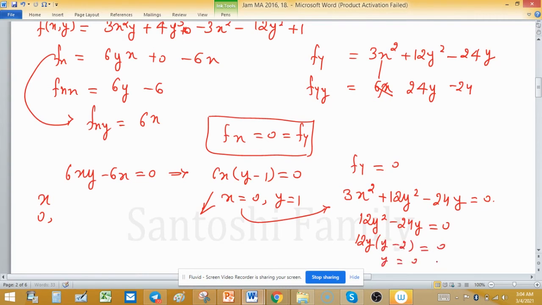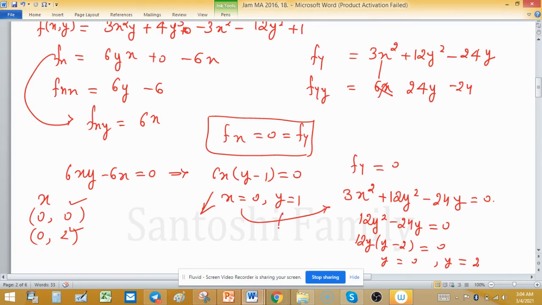So y is 0 and y is 2. So when x is 0, we obtain y is 0 and y is 2. So these two are points.